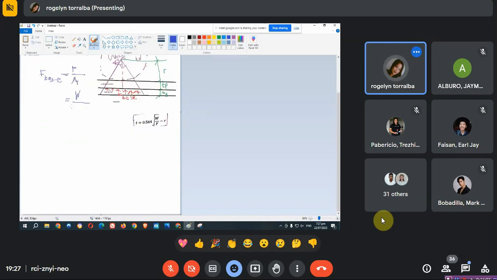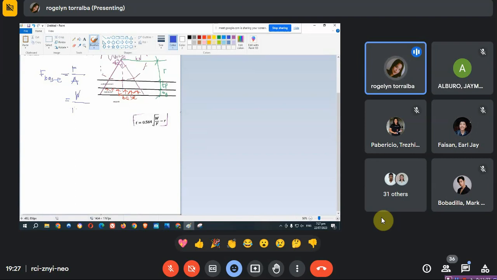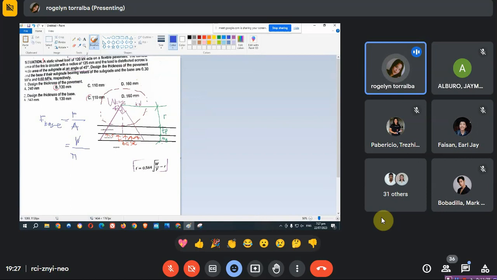What is our area, class? What is the formula for our area? Anyone? Is it the triangle? No. Our area is a circle.